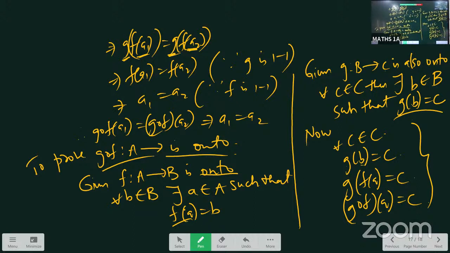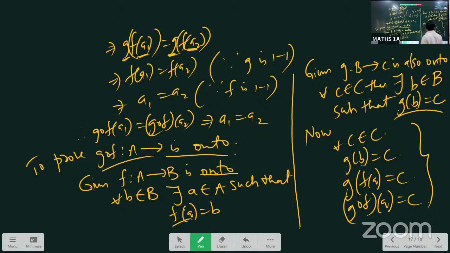Okay. To do the next theorem, the time is not sufficient.